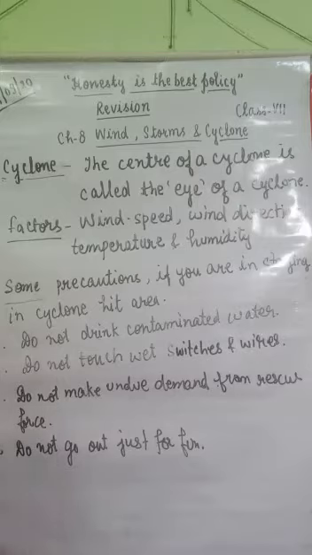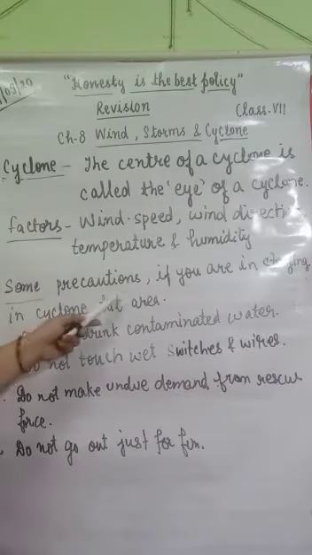It is also called by different names at different places of the world, like in Japan and Philippines it is called typhoon, and in the American continent it is known as hurricane.